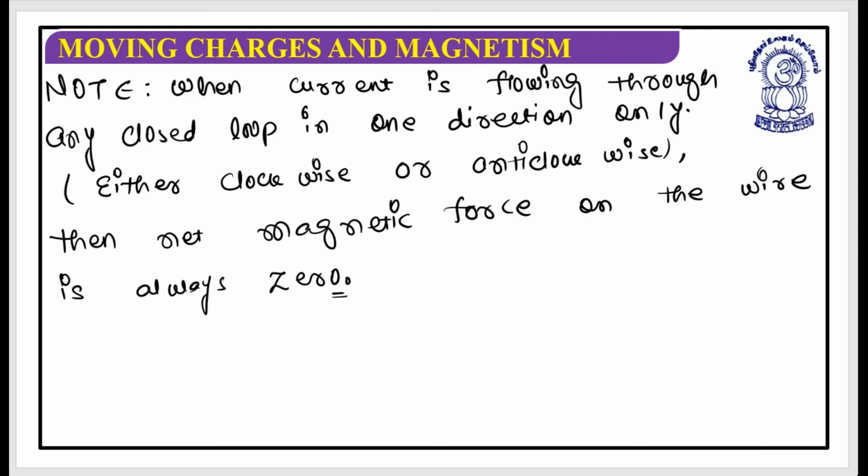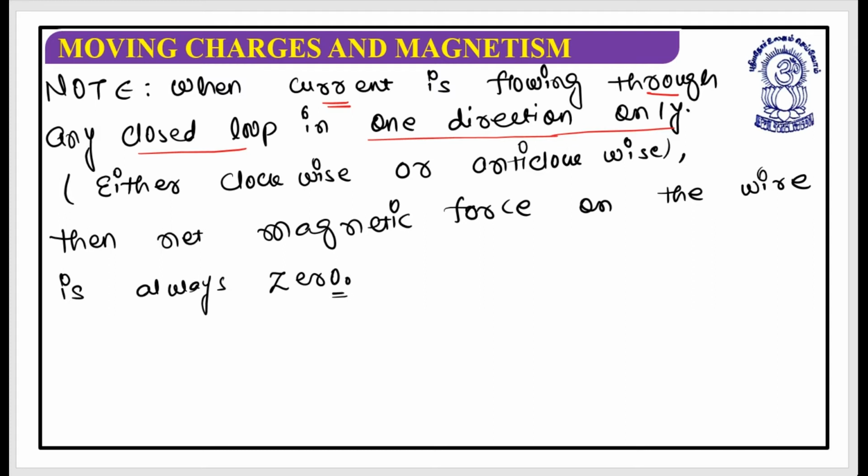Yes, go through it very carefully. Do not ever understand that sir has said that if current is flowing in a closed loop then the magnetic force is 0. No, I have not mentioned it. I have mentioned that when current is flowing through any closed loop in one direction only, that means it should either flow in the clockwise direction or in the anti-clockwise direction.